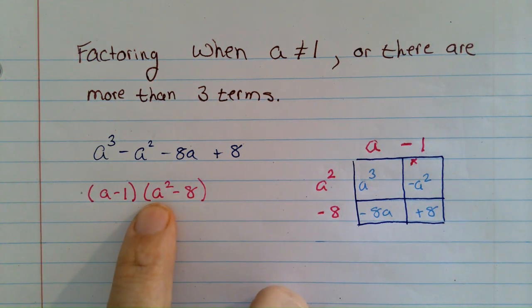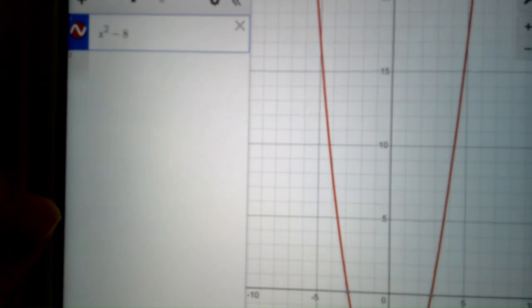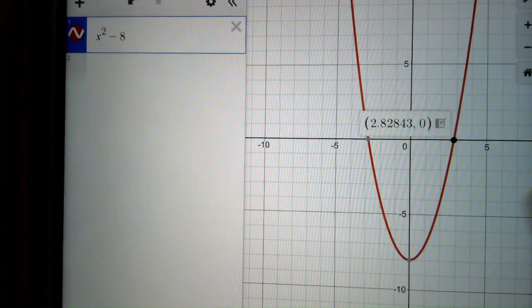We do notice that there is still an exponent in here, so we want to try to factor this as well. That way we have a completely prime polynomial product. However, when we look over here at the graph, and I've graphed x squared minus 8, let's slide that up, and we check out where the x-intercepts are, we see that this is a decimal.